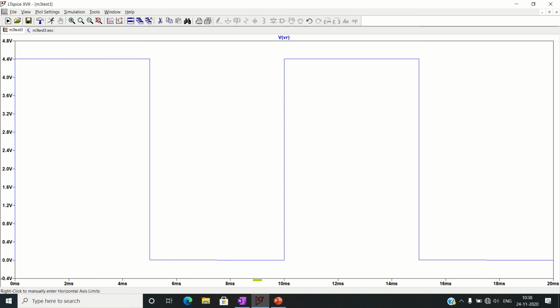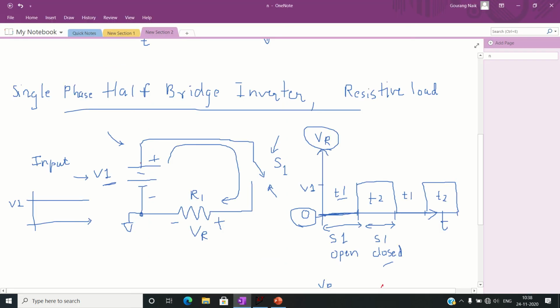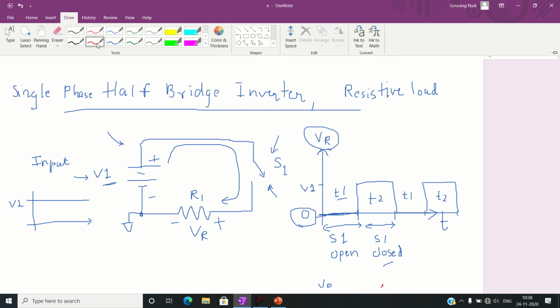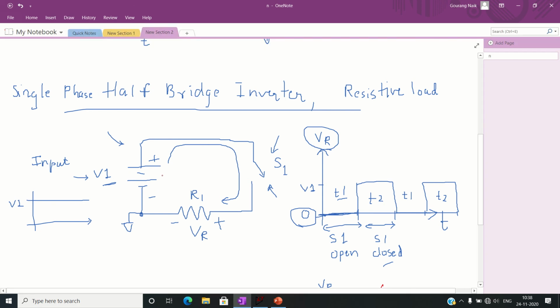If you go back here and insert the values, here I have a 5 volt supply, and across the load I am getting 4.4 volts whenever my switch closes.